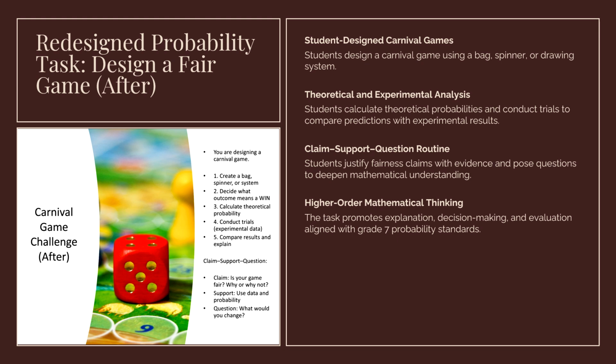This redesign shifts the task from procedural to conceptual by requiring students to make decisions, explain their thinking, and then analyze outcomes. So I wanted to bring back what we learned last week in our synthesis of our articles, which is that procedural fluency and conceptual understanding should be intertwined. Unfortunately, the Skittle lab just completely untwined the conceptual, and so this redesign will go ahead and intertwine them again.